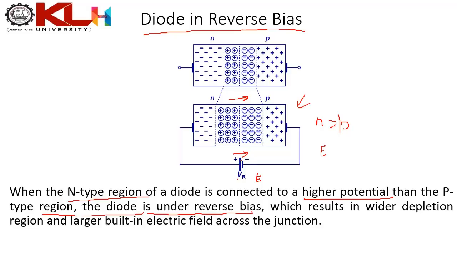Now because of this reverse bias, the applied external voltage is aiding the built-in electric field, isn't it? Whatever is the built-in electric field, that is being further aided by the external electric field that is occurring due to the presence of the reverse bias voltage.